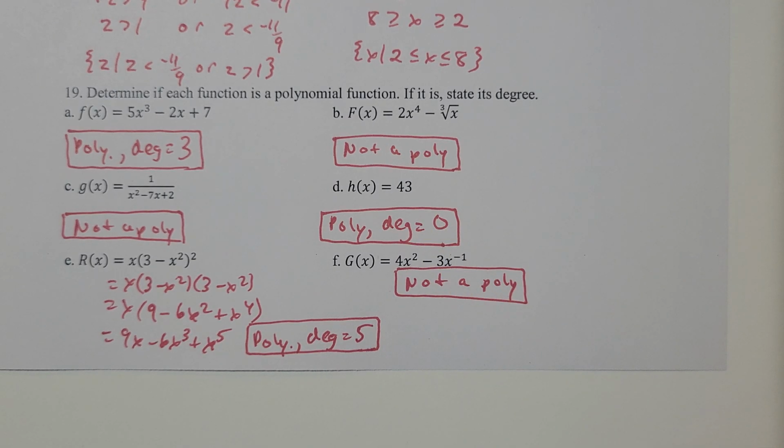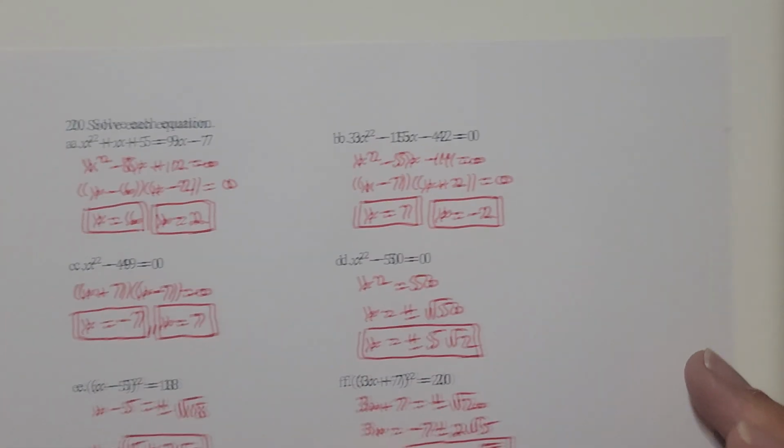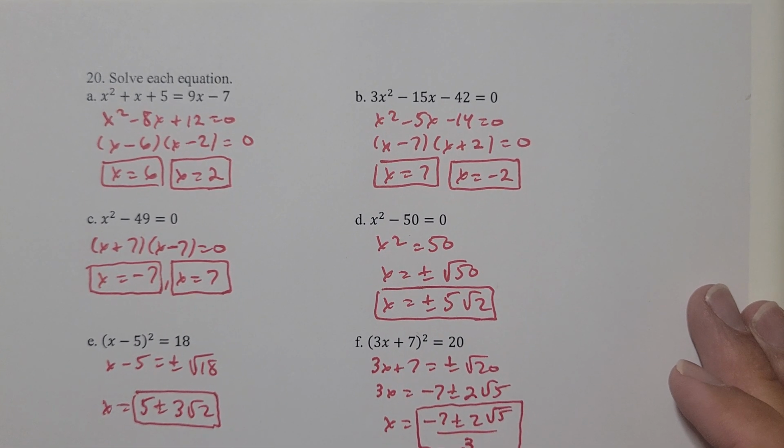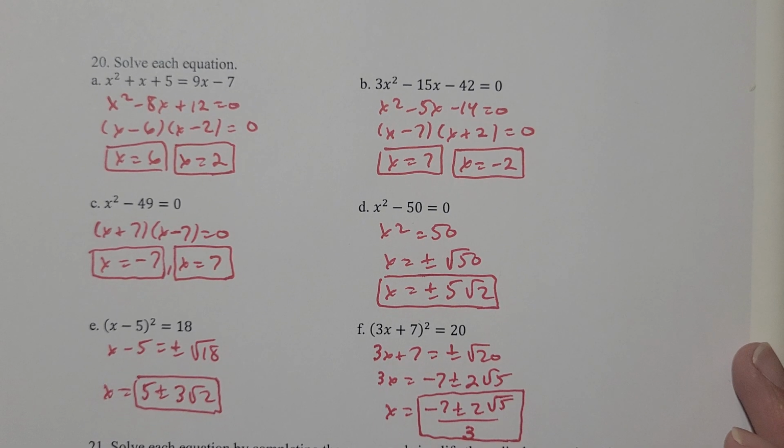Okay, so let's see. Problem 20 is where I want us to solve each equation. We're going to talk about quadratic equations and quadratic functions the rest of the way for this chapter.